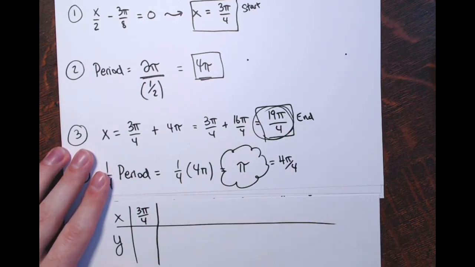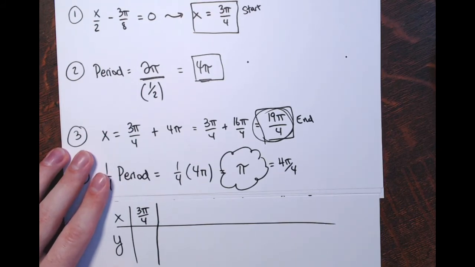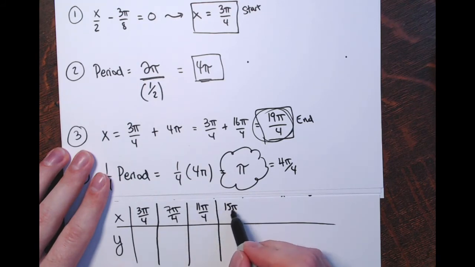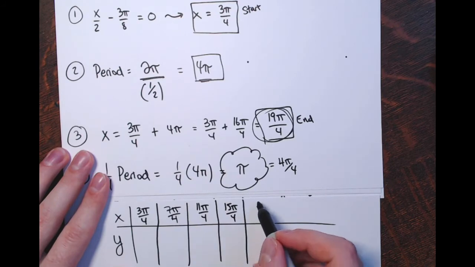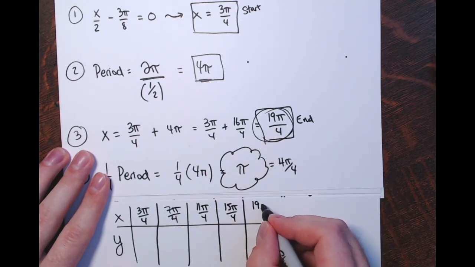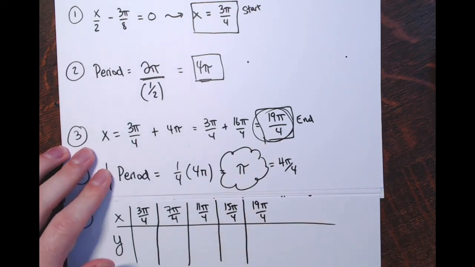You could keep going if you wanted, but again, I'm trying to draw one cycle of the graph, one part of the wave. So if I add pi, that'd be 7 pi over 4. Add pi again, that's 11 pi over 4. Add pi again, that's 15 pi over 4. And then add pi again, you get your 19 pi over 4, which, as I mentioned, would be the end of the first cycle.